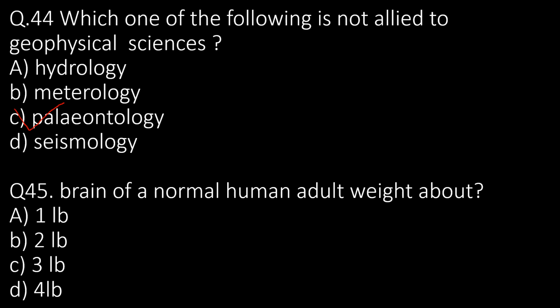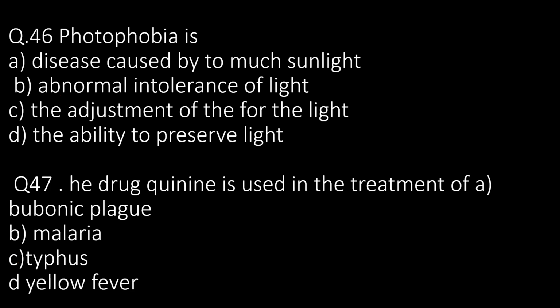Our next question is, brain of a normal human adult weighs about. And the right answer is option C, 3 lb. Our next question is, photophobia is, and the right answer is option B, abnormal intolerance of light.